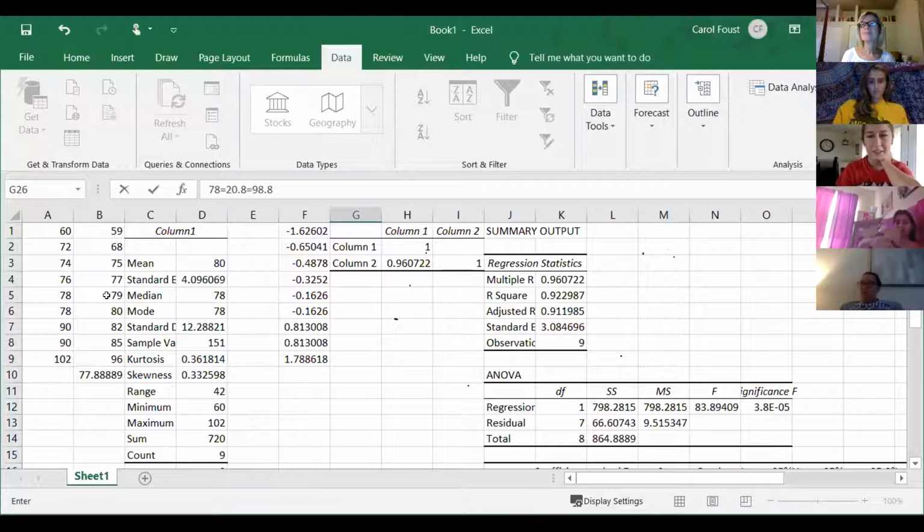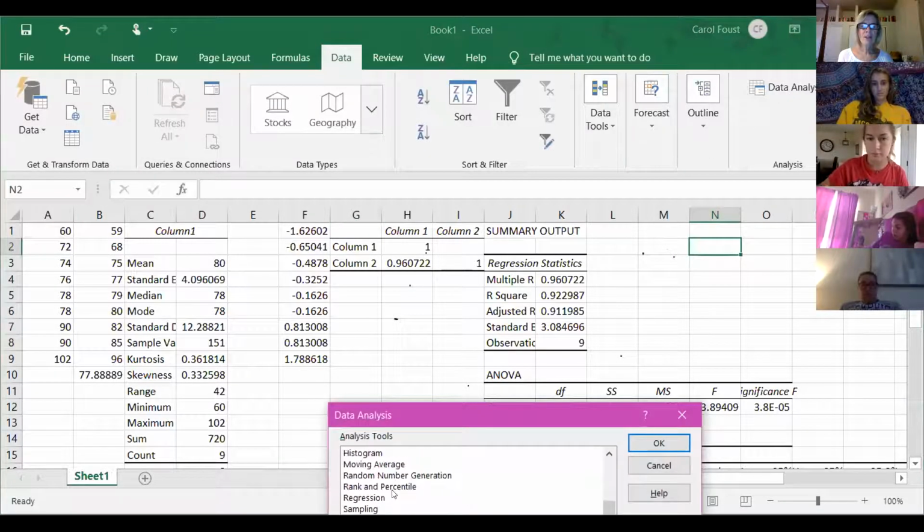Would it be a t-test? Very good, Sierra. And what kind of t-test would I do? Because this is one group and I've got their midterm and then their final. So one group with 2 measures. What kind of t-test would I be doing? A dependent. Very good. A dependent, which is a within measure. So I'm going to run a dependent t-test.